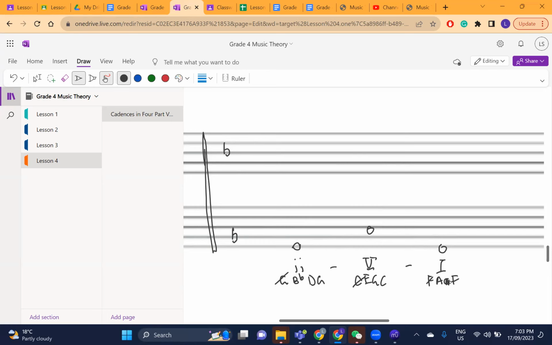Let's make this interesting. I'm going to do another supertonic to tonic. D, B flat, C. Same concept here, supertonic to tonic, so we triple the root and remove the C. This is a 2 to 5.